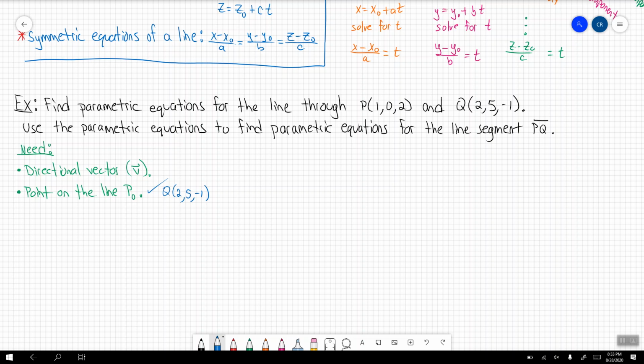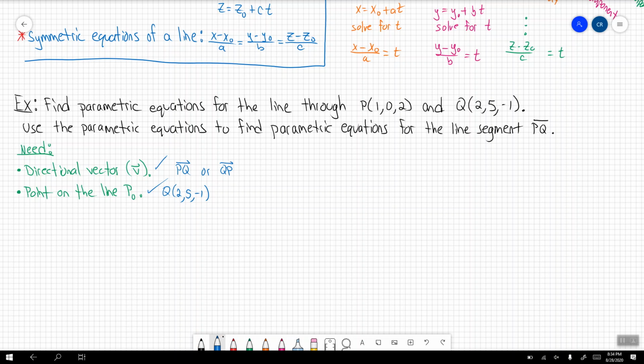Next, let's grab a directional vector. Now, the nice part about vectors is that it does not matter where they begin, so long as they have the same direction and magnitude. So, in order to find my directional vector, it will not matter if I start at point P and shoot a vector to point Q, or if I start at point Q and shoot a vector over to point P. In other words, for my directional vector, I can either use vector PQ or vector QP.